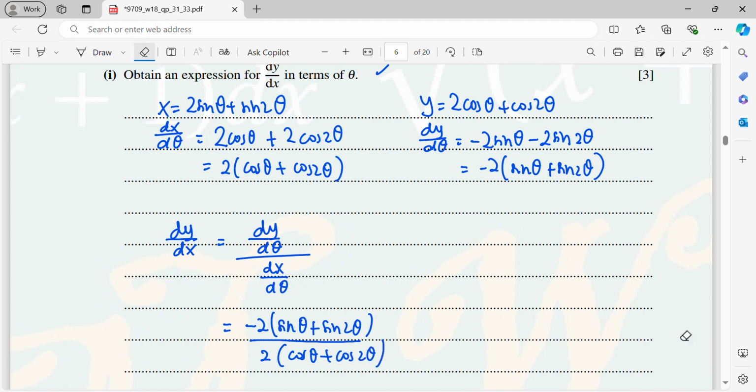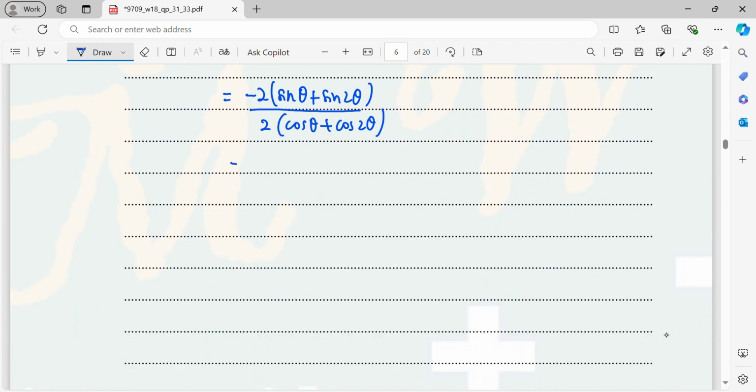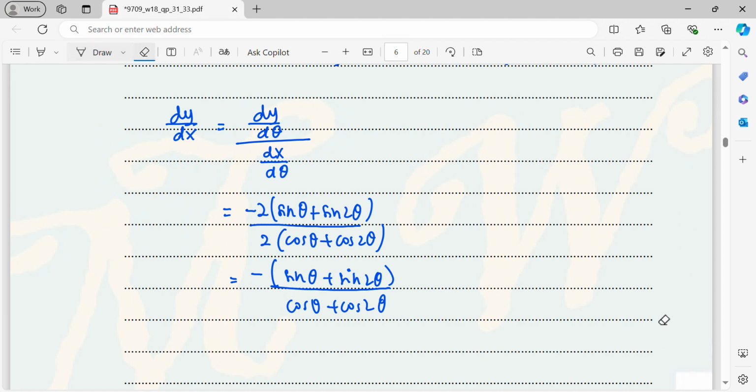So the 2 will be cancelled off. Okay, so when you cancel off the 2, it will be negative of sine theta plus sine 2 theta over cos theta plus cos 2 theta. So that is your dy over dx.